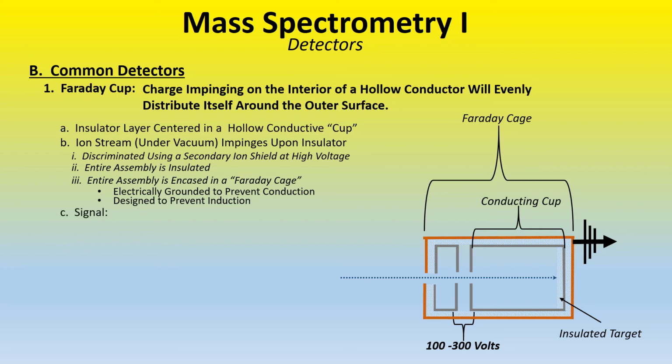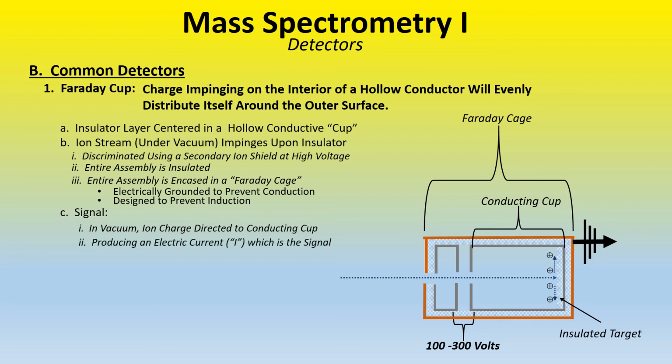And that signal occurs because, since you're under a vacuum, once the ions hit the insulator, there's no place else to go, so they travel along the surface towards the conducting cup. This produces an electric current I, which is the signal.